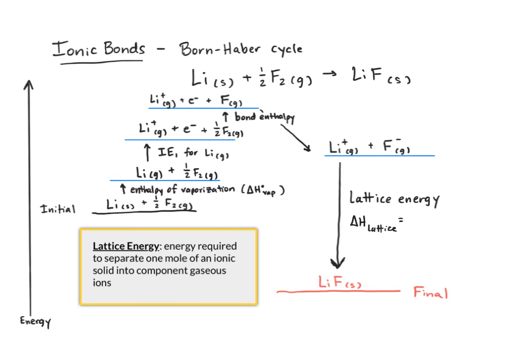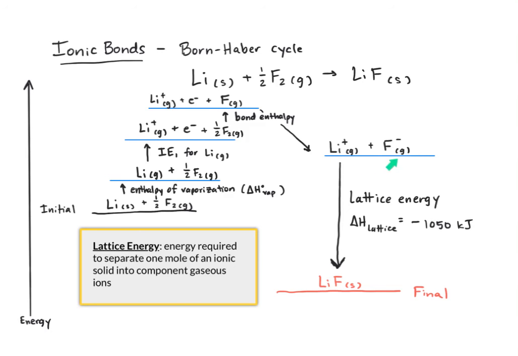So when lithium fluoride forms from its constituent cation and anion, there is a release of 1,050 kilojoules for every mole of our final solid formed. This is an extremely exothermic process. Notice that the processes that got us in this cycle from our initial state to respectively ionized cation and anion required an overall input of energy.